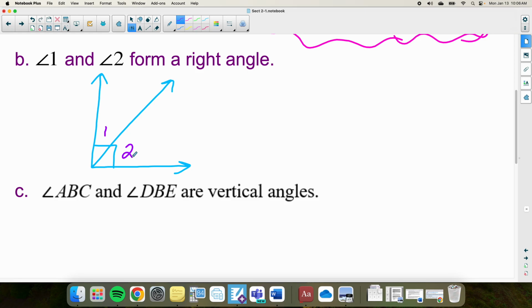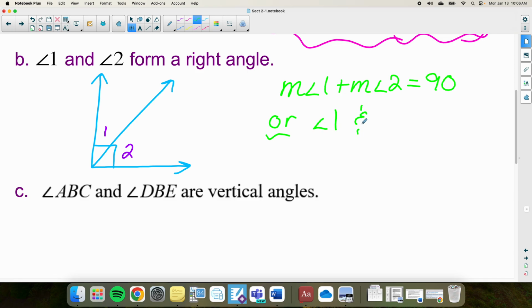Angle 1 plus angle 2 equals 90 degrees. Yes, very good. The measure of angle 1 plus the measure of angle 2 equals 90. What's a word that means adds up to 90? Complementary. So another thing you could have said is angle 1 and angle 2 are complementary.